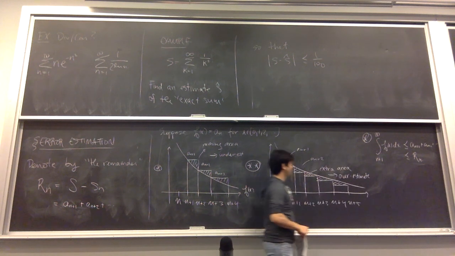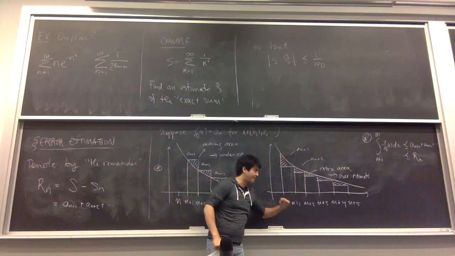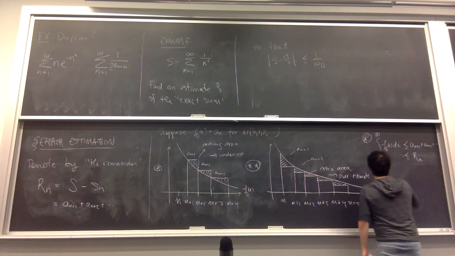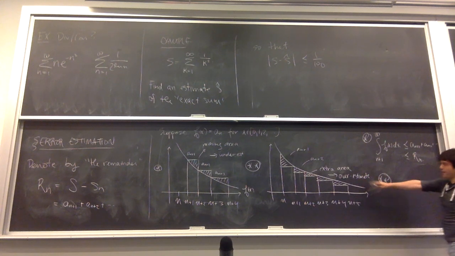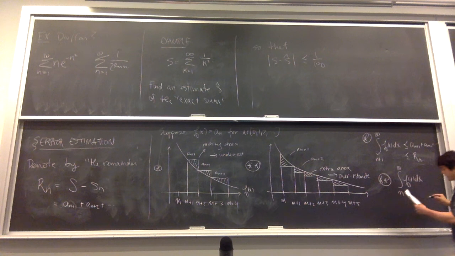Okay? Right, so I'm basically just looking at the sum, starting where we stopped adding in the partial sum. So double star. Since this is extra area, an overestimate, we have that the integral from n to infinity of f(x) dx is bigger than the remainder.